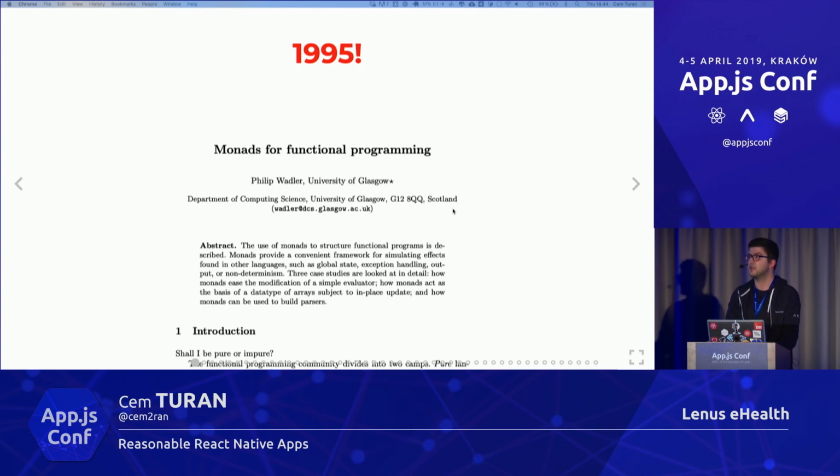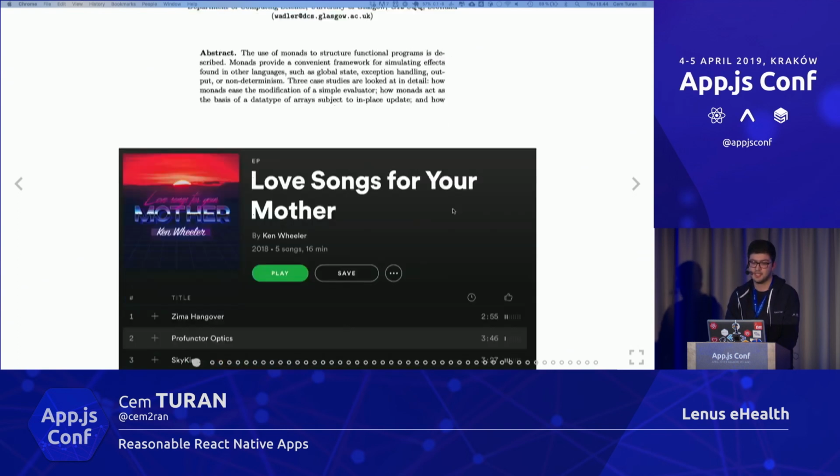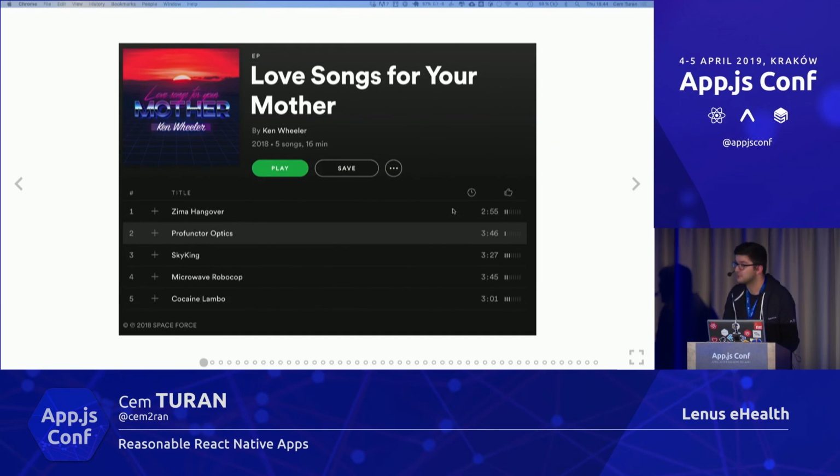So I think these people are not only heroes, I think they are superheroes. Not because of things they have in their tool belts, such as monads and pro-functor optics. I think it's because they have a solid foundation on which they can build upon, and they can reason about their code compositionally and also locally.